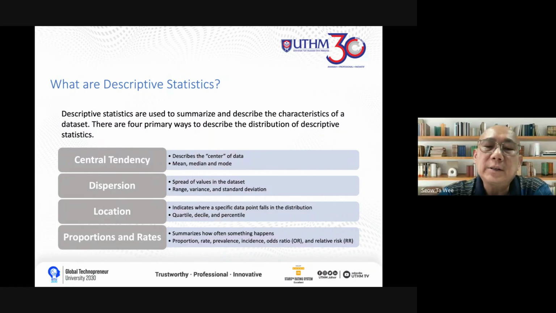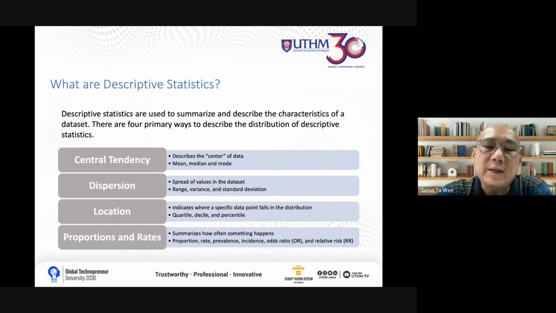Thirdly is location. It indicates where a specific data point falls in the distribution. It looks like quartile, deciles, and percentile. This is some sort of the location of the data.